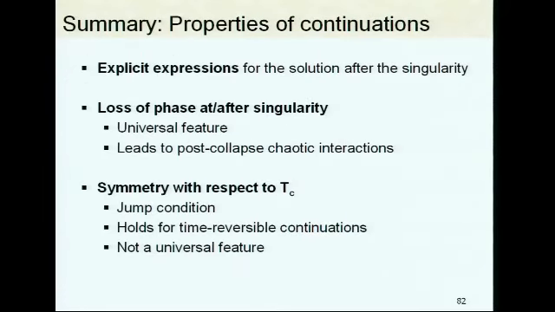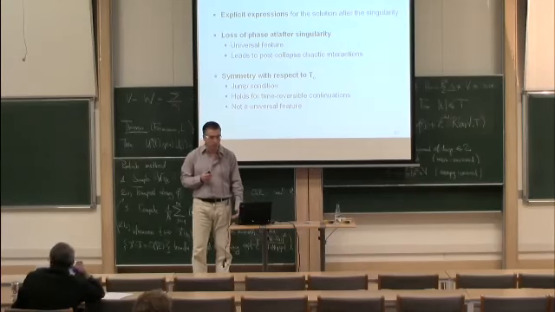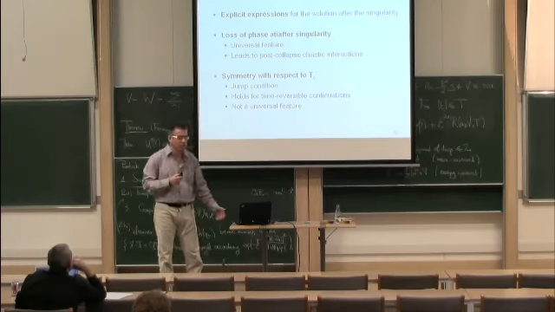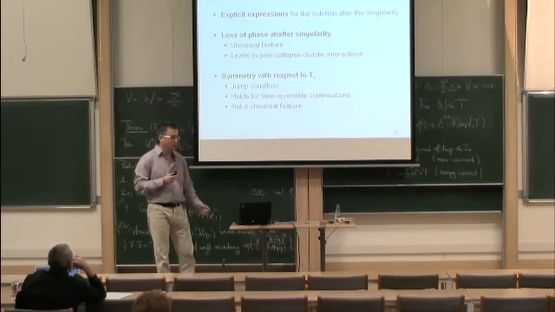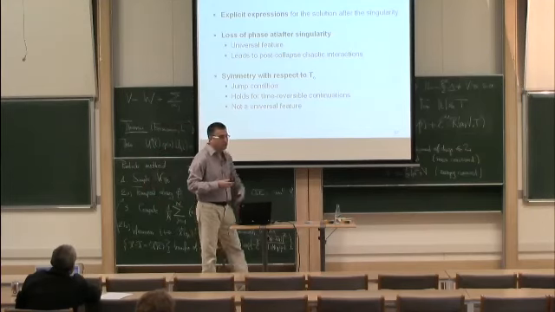One of the useful things is that we were able to calculate explicitly the solutions after the singularity, so you can really see how the weak solution looks like. The common thing in all the continuations was that you lose the phase information at the singularity and afterwards. This turns out to be a universal feature.